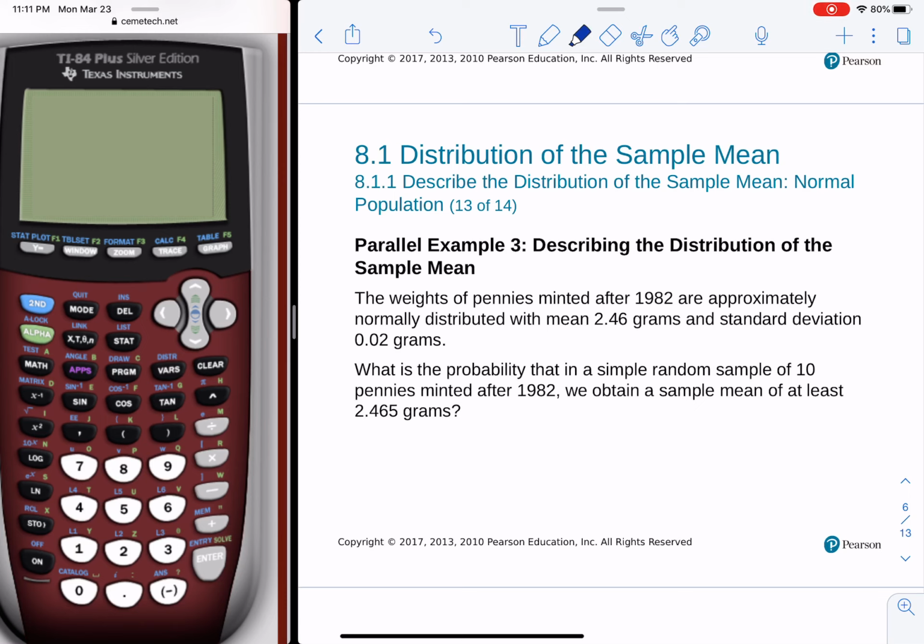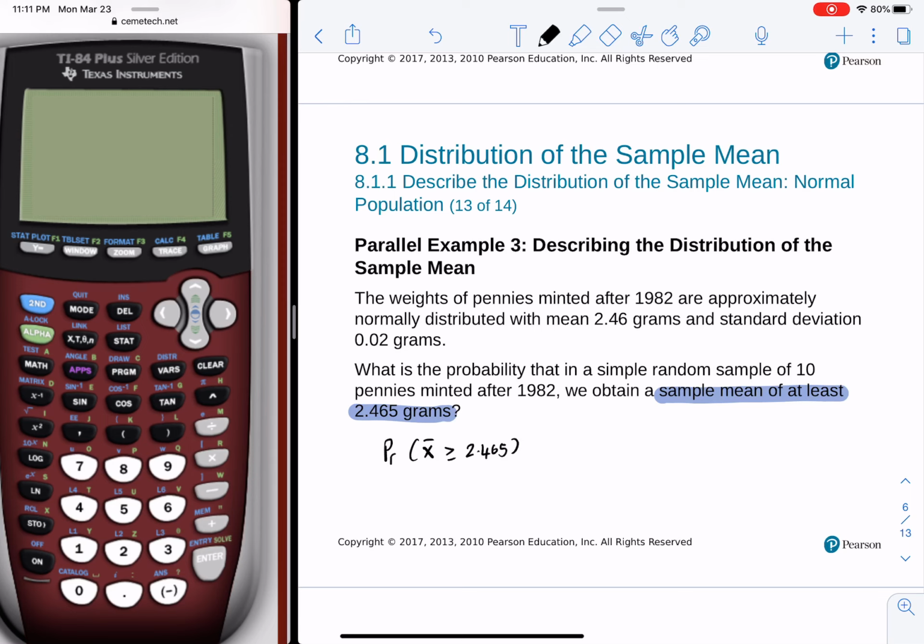So the key phrase here is sample mean of at least 2.465 grams. So what we're trying to find is the probability that the sample mean is greater than or equal to 2.465.